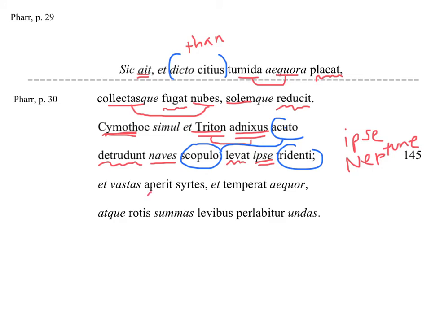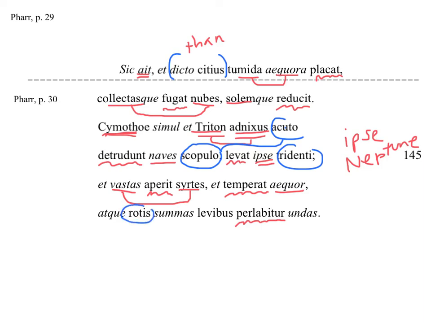And he opens, aperit, the vastas surtes, the vast shoals, and he temperat, and he soothes the sea, aequora, and atque, and he perlabitur, he glides, he slips, with his rotis levibus. This we've got to use as an ablative right here.